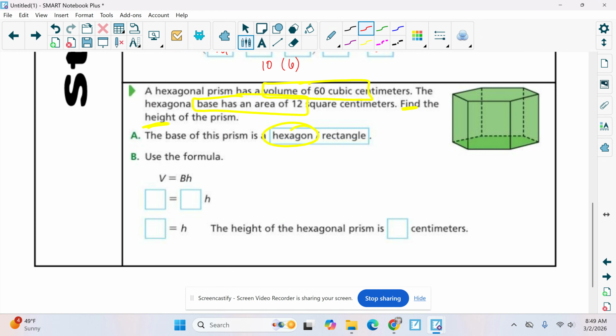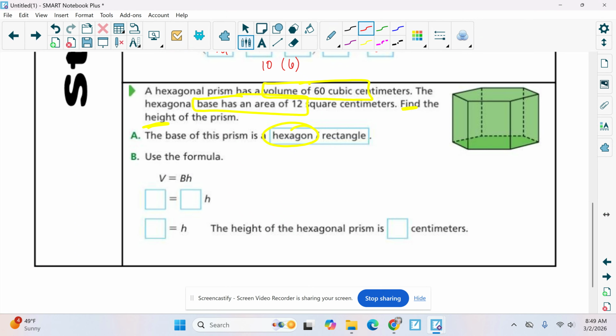And it tells you it's either area of the base times the height, or V equals BH. You don't even have to have it memorized. It's there. We're going to substitute what we know. We know the volume is what? 60. I know the area of the base is 12, so what do we need to solve for?